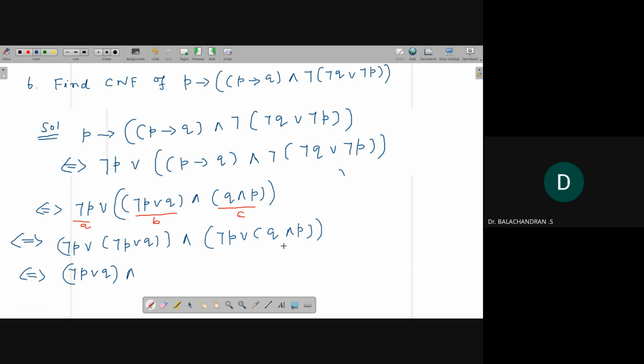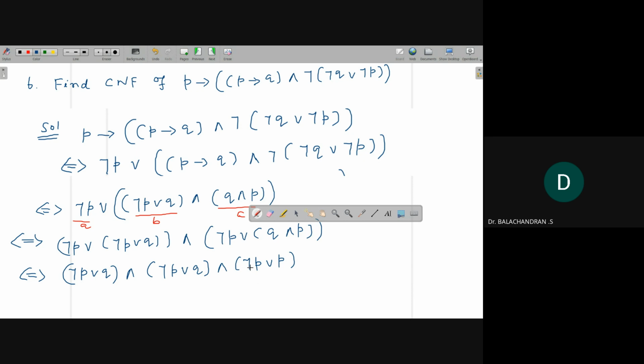So you should apply the distributive law. Negation P or Q and negation P or P. So actually this is true, which is equivalent to negation P or Q and negation P or Q.